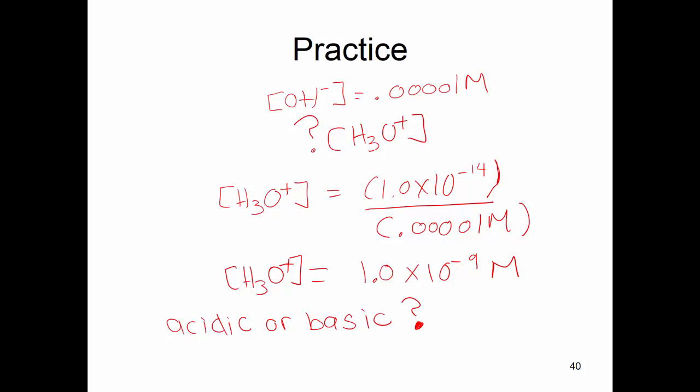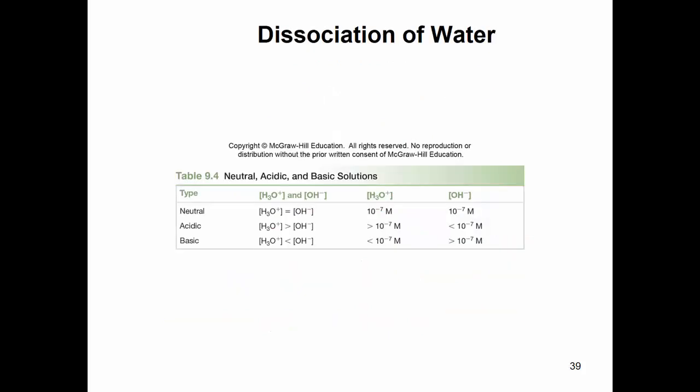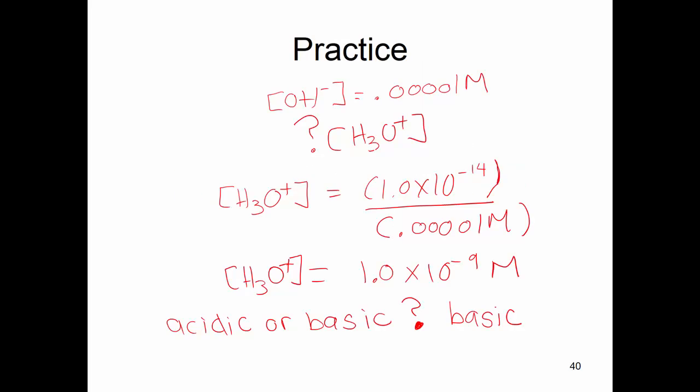If I have less hydronium concentration, then it's less acidic, or it is more basic. It's not neutral. So if you look back at your chart here, if your hydroxide concentration is larger, then this here is going to be less than negative 7. And since it's negative 9, it's a smaller number, making the solution more basic.